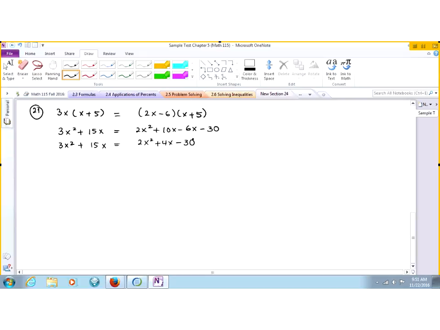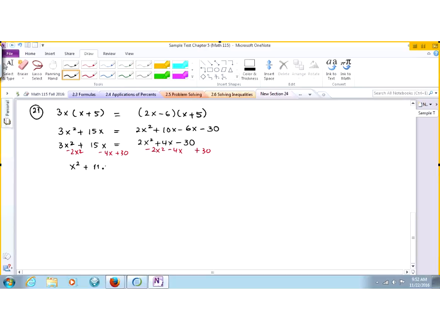Now, what am I going to do? Yes, move everything to one side. So you need a 0. So subtract 2x squared from both sides. Subtract 4x from both sides and add 30 to both sides. Okay.